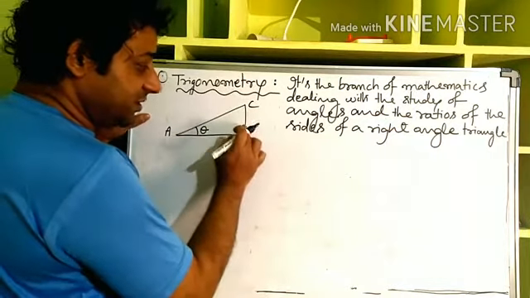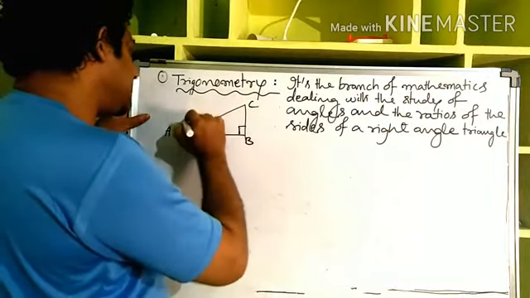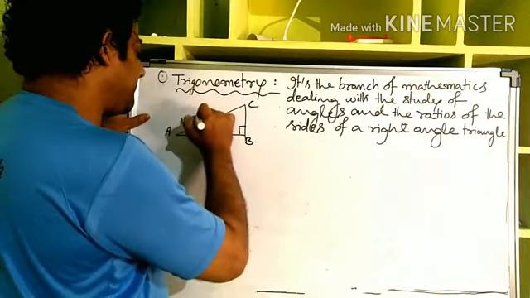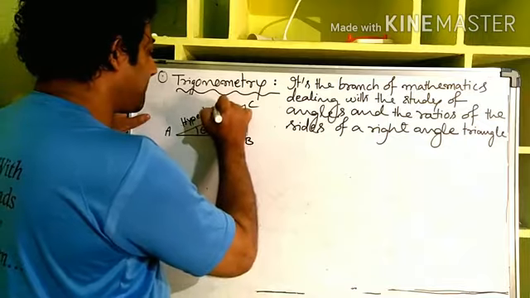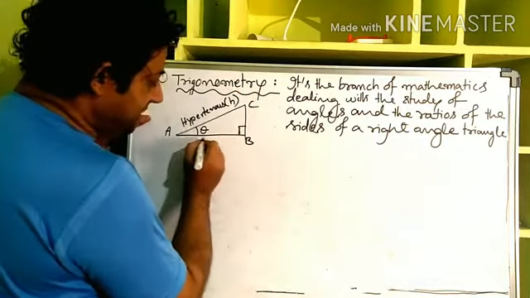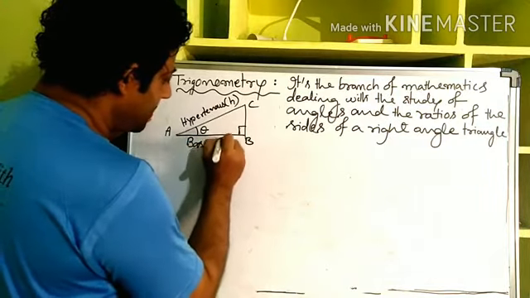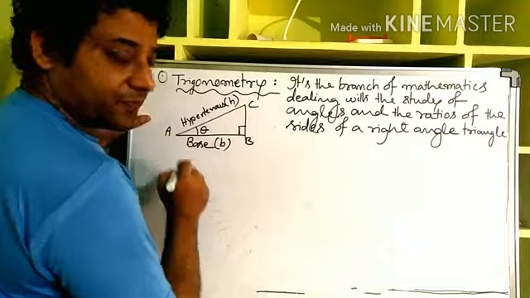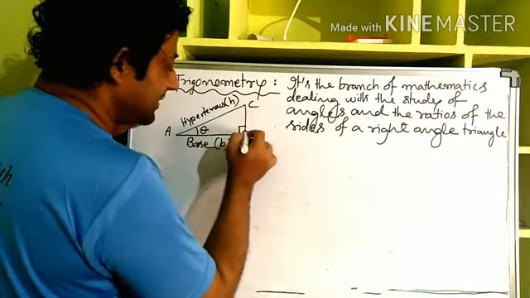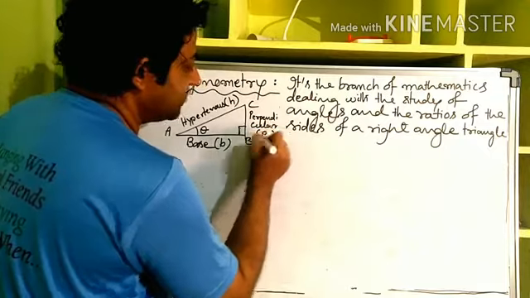There is 90 degree between two sides and there is the largest side. The largest side is called hypotenuse, small h. The side which is in touch with theta is called the base, we write it small b. And the other side we denote as the perpendicular, small p.